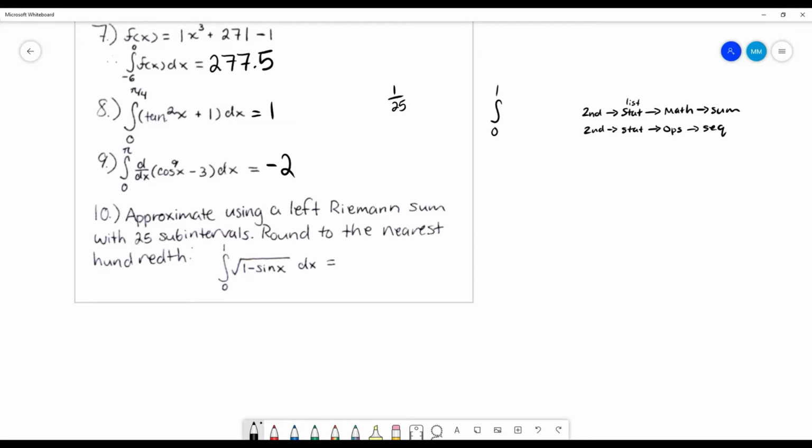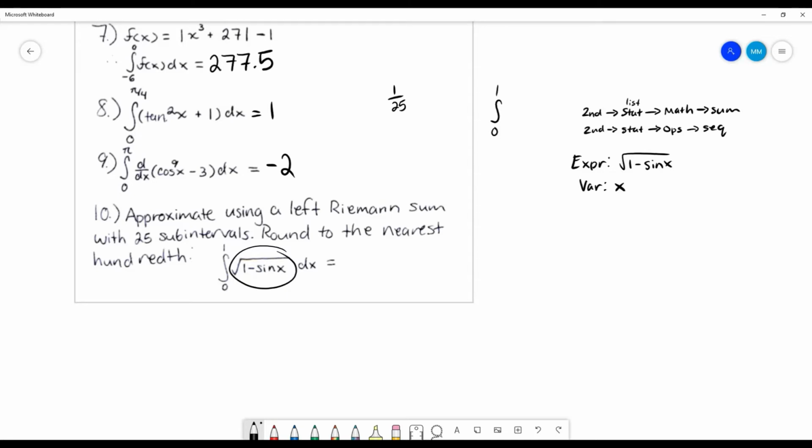And again, it's going to ask us first, that first little prompt, this part here, we're going to plug in this function. So it's going to be the square root of 1 minus sine of x. Careful with your parentheses here. So that's 1 minus sine of x. Our variable is obviously x.